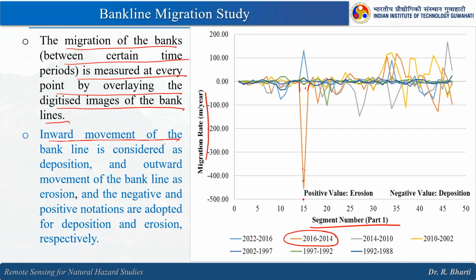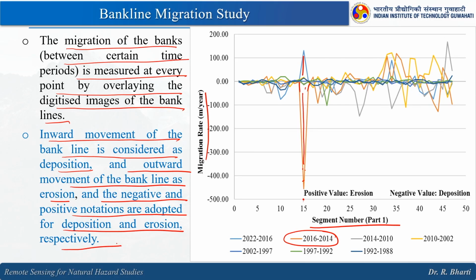Inward movement of the bank line is considered as deposition, so this is the inward, and outward movement of the bank lines as erosion. If it is going this side, then it is erosion. The negative and positive notations are adopted for deposition and erosion respectively.